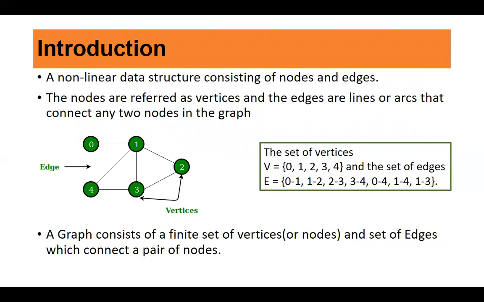So the set of edges is 0 to 1, 1 to 2, 2 to 3, 3 to 4, 4 to 0, 4 to 1, and 3 to 1, or 1 to 3, right? So a graph consists of a finite set of vertices and a set of edges which connect a pair of nodes. Here you can see the edge connects a pair of nodes.